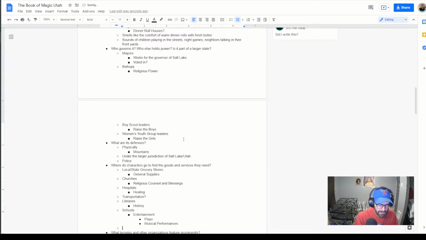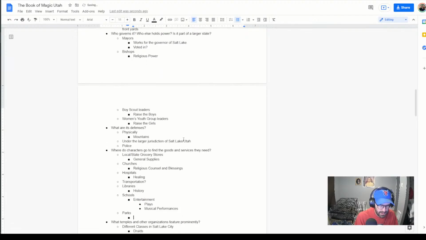Same with parks or outdoor recreation. What else would they need? Like food? Where do you get food from? Fast food is what comes to mind.